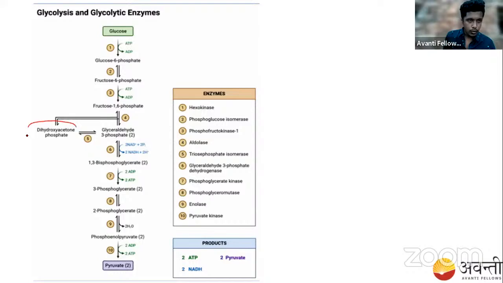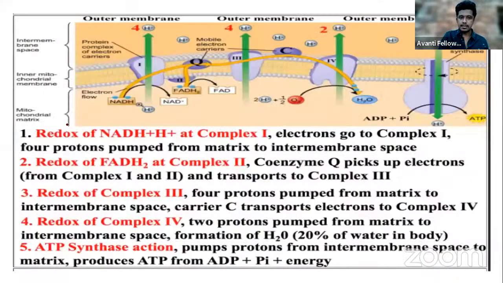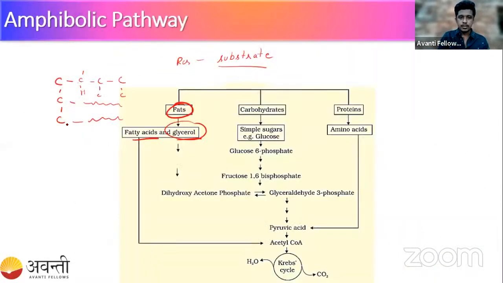At a certain point, you talked about dihydroxyacetone phosphate. So how did it come in the first place? That is where the answer comes in. This glycerol had to be converted into dihydroxyacetone phosphate. Once glycerol is converted into dihydroxyacetone phosphate, it is again interconverted into glyceraldehyde 3-phosphate, and the rest of the chain of glycolysis continues.